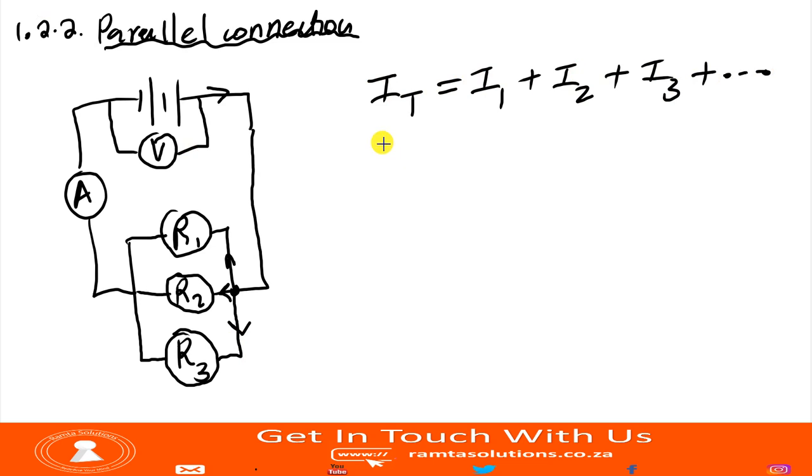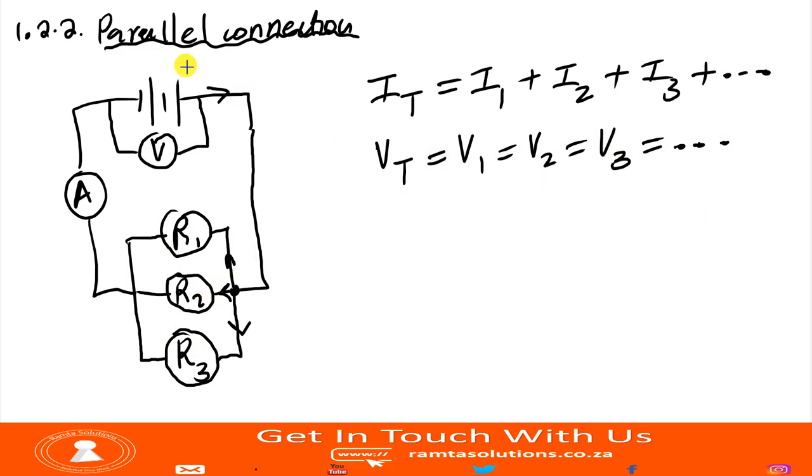Now, what does that mean? This means if current is divided, potential difference is not divided. So potential difference is the same. So total potential difference is equal to the potential difference at resistor 1, is equal to the potential difference at resistor 2, is equal to the potential difference at resistor 3, and so on. But you will be limited to a maximum of 3.